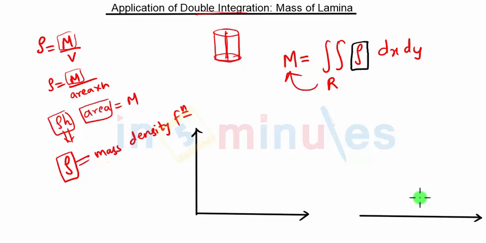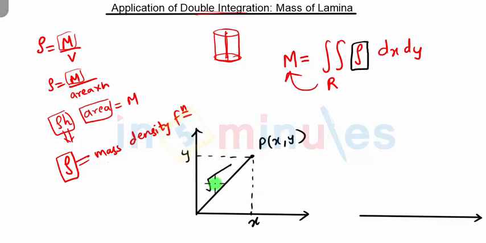Let's say here is point P, represented by x comma y, so this point is x and this point is y. The density at point P is at a distance of root of x square plus y square from the origin. Remember, point P can be any point in the plane, and we are given the density at this point, so we have to include that density.